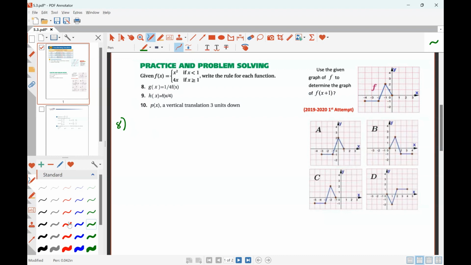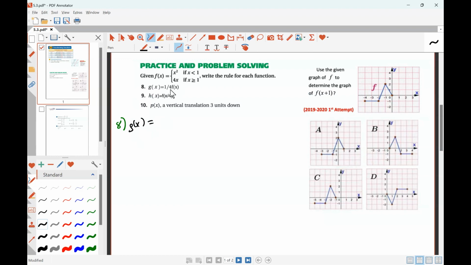g of x is equal to, so here the change is vertical. It is not a translation, but there is a compress or stretch here. The change is vertical because the number is not multiplied by x. The number is multiplied by f of x. So that's about vertical change.